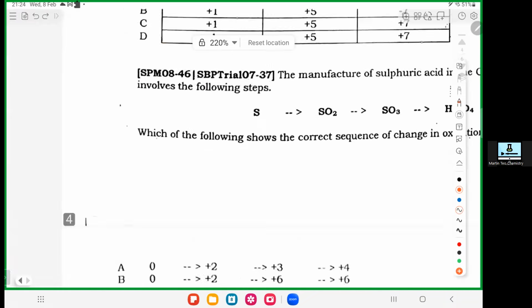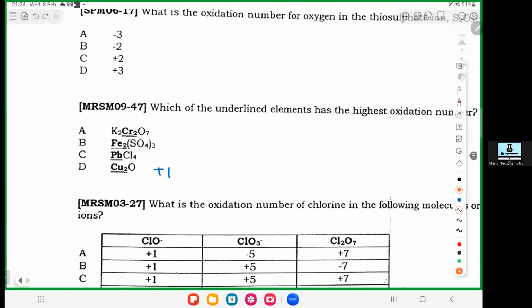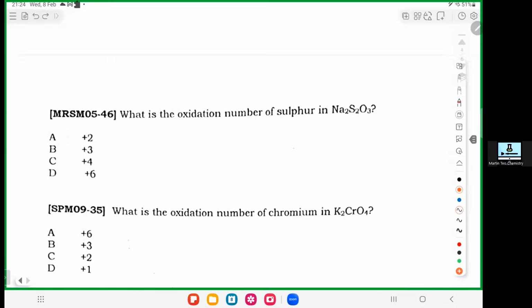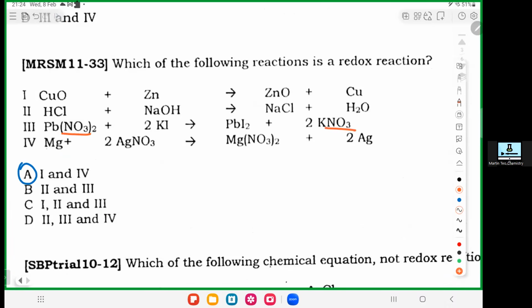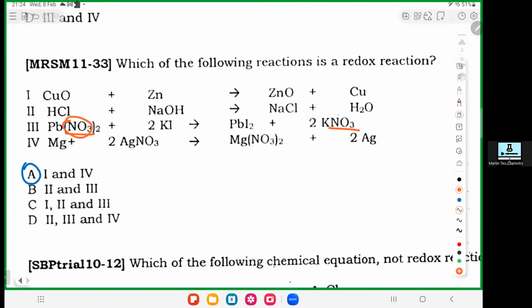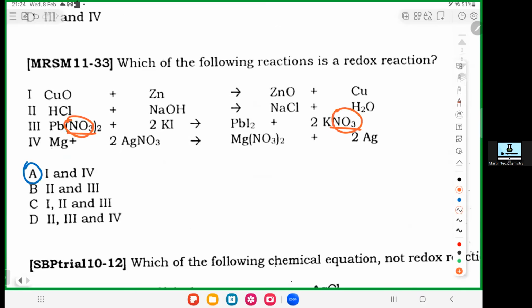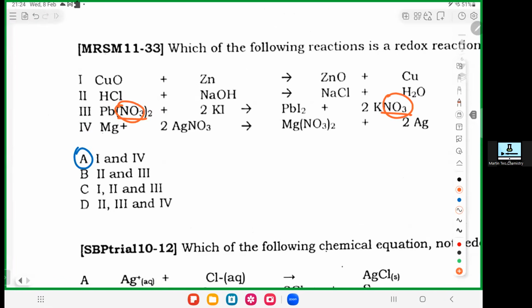Just now we had NO3 on the left and NO3 on the right, so we didn't need to find the oxidation number for N and oxygen separately, because it's the same whole NO3 on both sides.